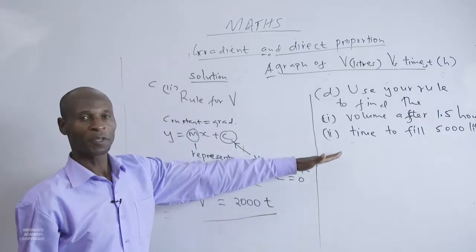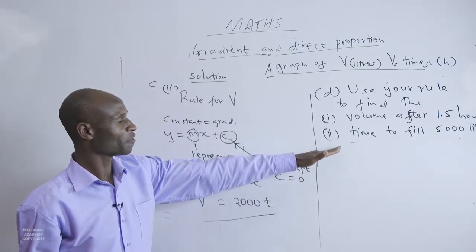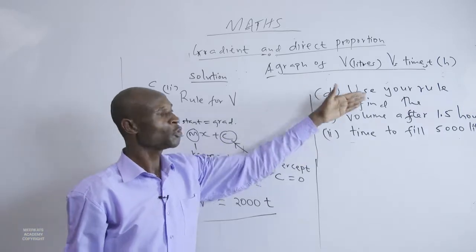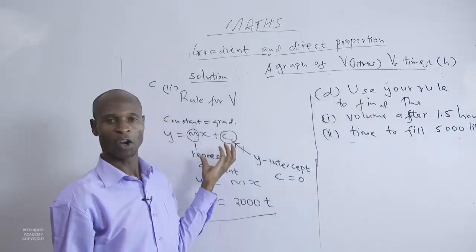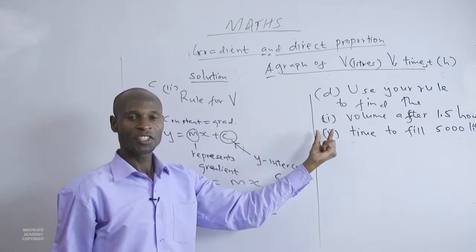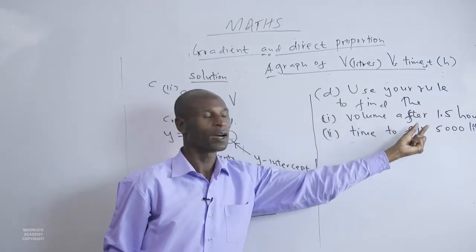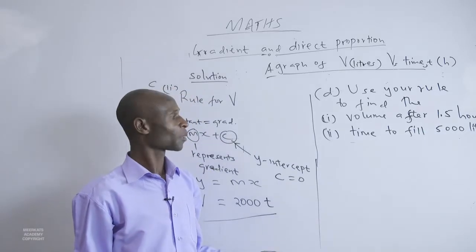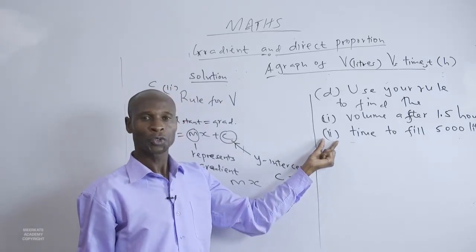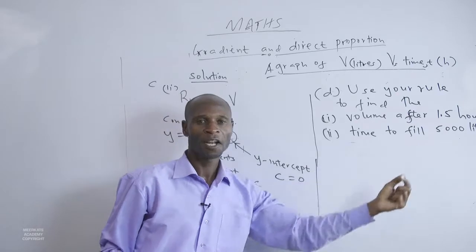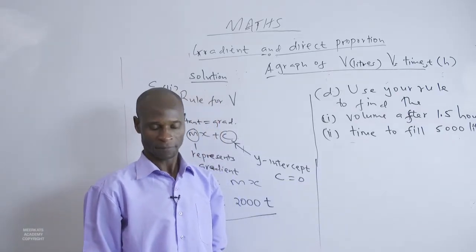So in this second part, which is the last part of that question, we wish to use the rule we have developed to find in part 1, Roman 1, the volume after 1.5 hours, and in part 2, the time to fill 5,000 liters.